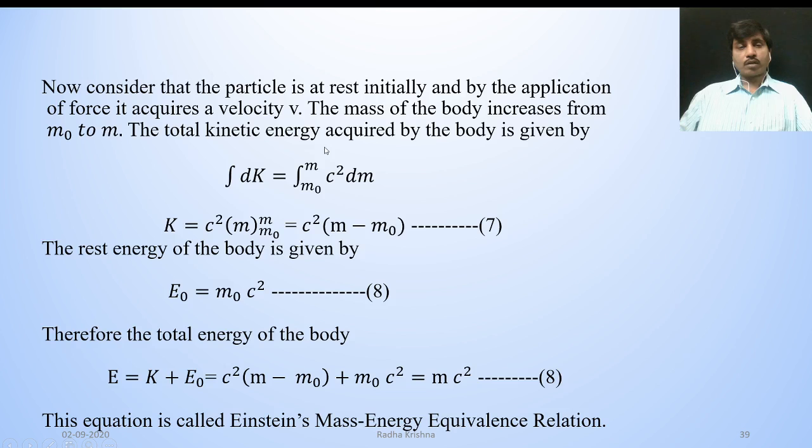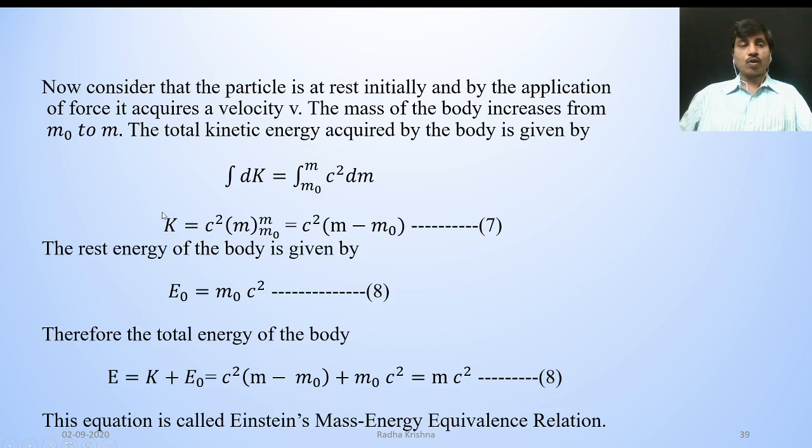The total kinetic energy acquired by the body is given by integral dk is equal to integral from m0 to m of c square dm. Therefore, k is equal to c square into m within the limits m0 to m, that is equal to c square into m minus m0, that is equation 7.